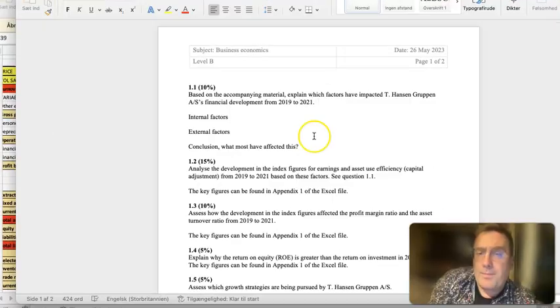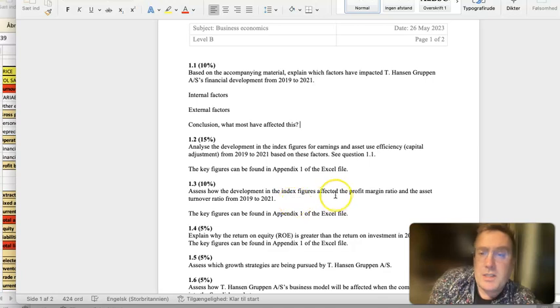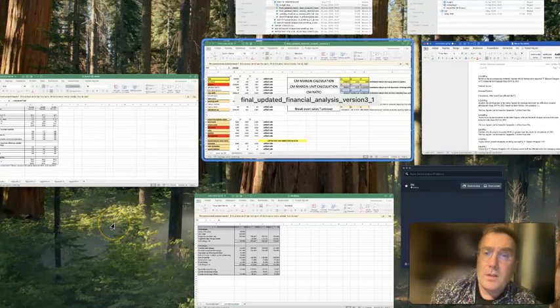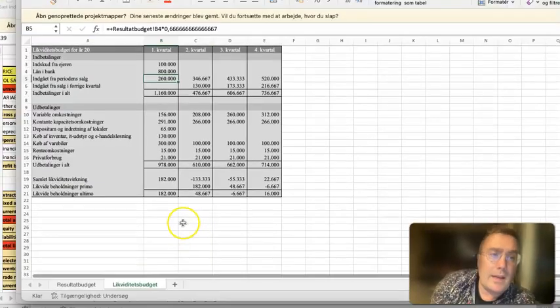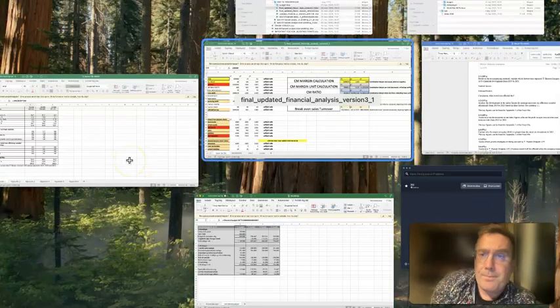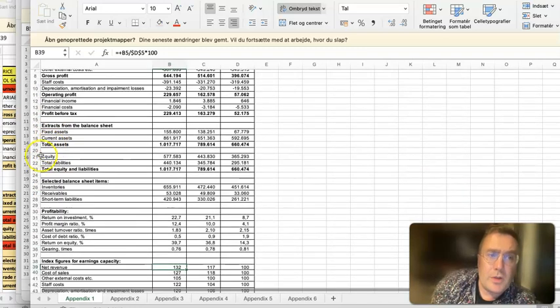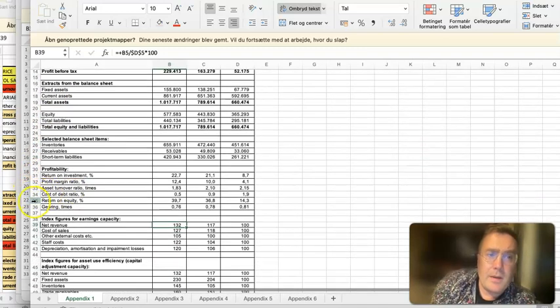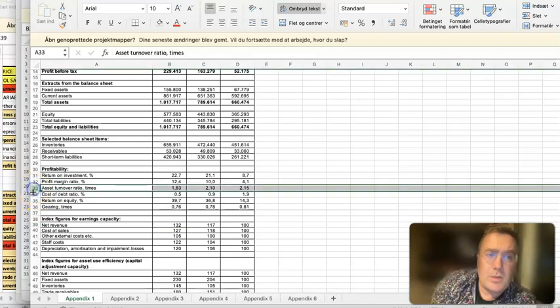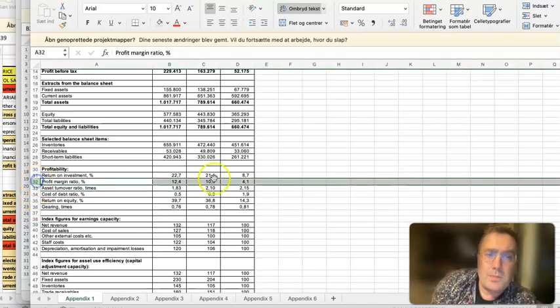Then the assignment says, assess how the development of index figures affected the profit margin and asset use efficiency, or asset turnover. You're supposed to look at the ratios, which you can find here: asset turnover ratio and profit margin ratio.